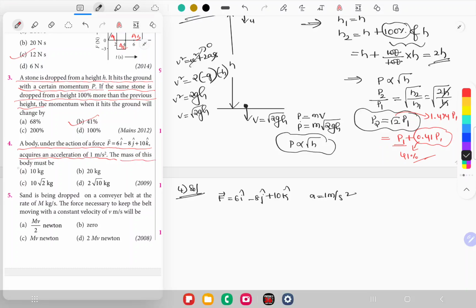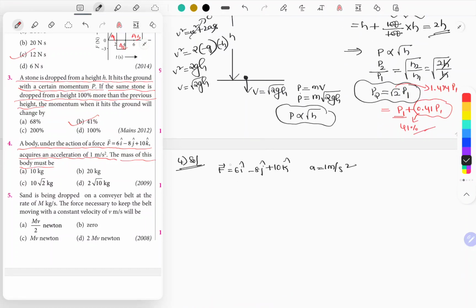The mass of this body must be, okay, so let me find out the magnitude of force, which is equal to root of 6 square plus 8 square plus 10 square, which is equal to root of 100 plus 100. So this is going to be not 100 root 2, sorry, 200.